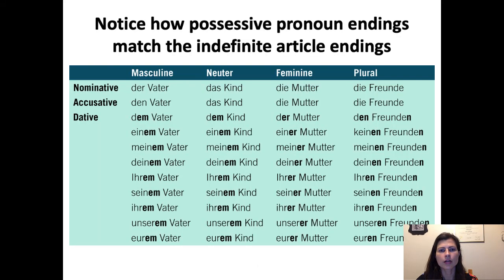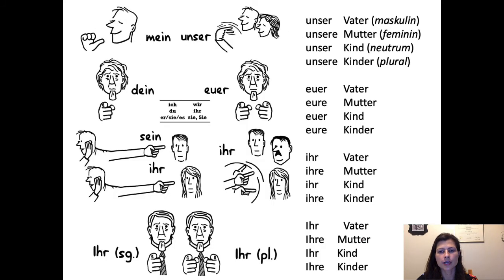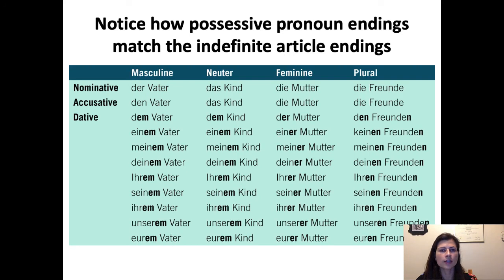Yeah. Okay, so these were all in the nominative, right? But it can be in any noun case. So let's look at, for example, them listed out for the dative. So the masculine, der Vater in the nominative, den Vater in the accusative, and then dem Vater in the dative. And then those are all the definite articles.